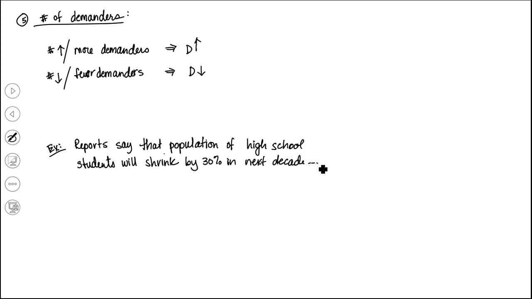So how will this affect the demand for college, guys? Demand for college will go down, right? What's the reason? It's not preferences. It's not income. It's not price of complements and substitutes, it's number of demanders going down. So number of demanders decreases, so demand for college will fall. That could hurt enrollment here at Longwood University.